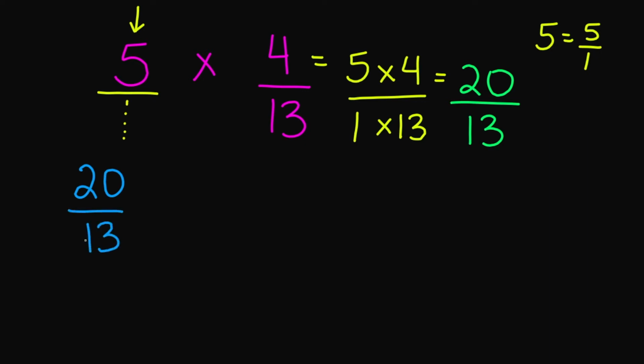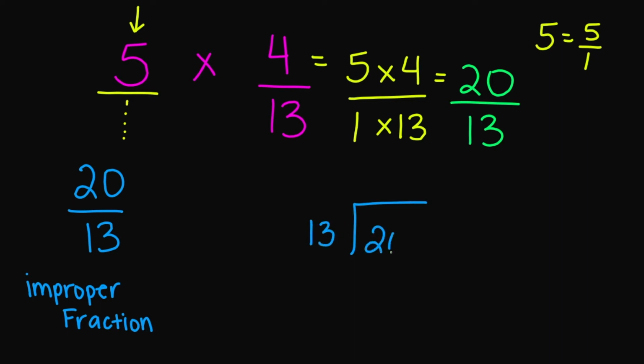However, this is an improper fraction, so we want to turn this into a mixed number. We're going to put our 13 on the outside and our 20 on the inside. So 13 goes into 20 how many times? It goes in 1 time. So 13 times 1 gives us 13. 20 minus 13 is going to equal 7.